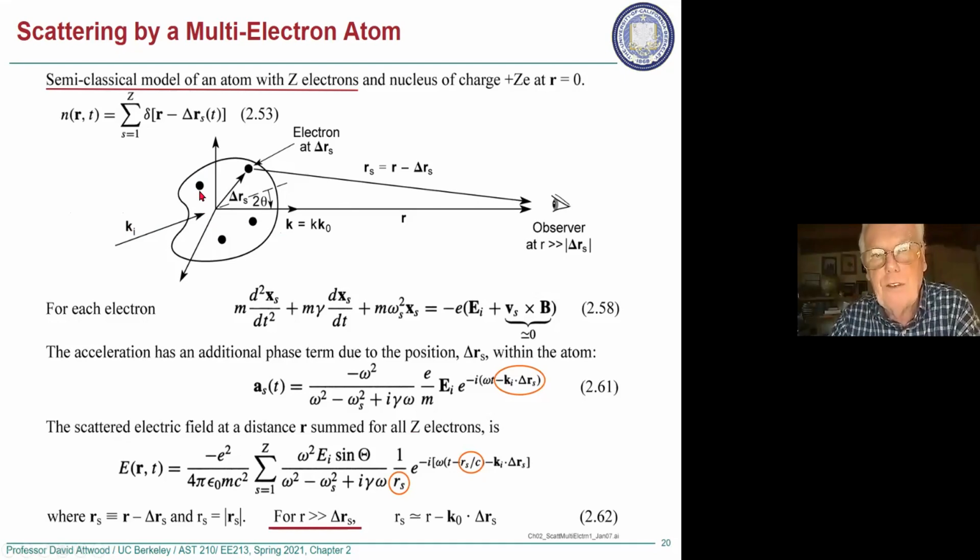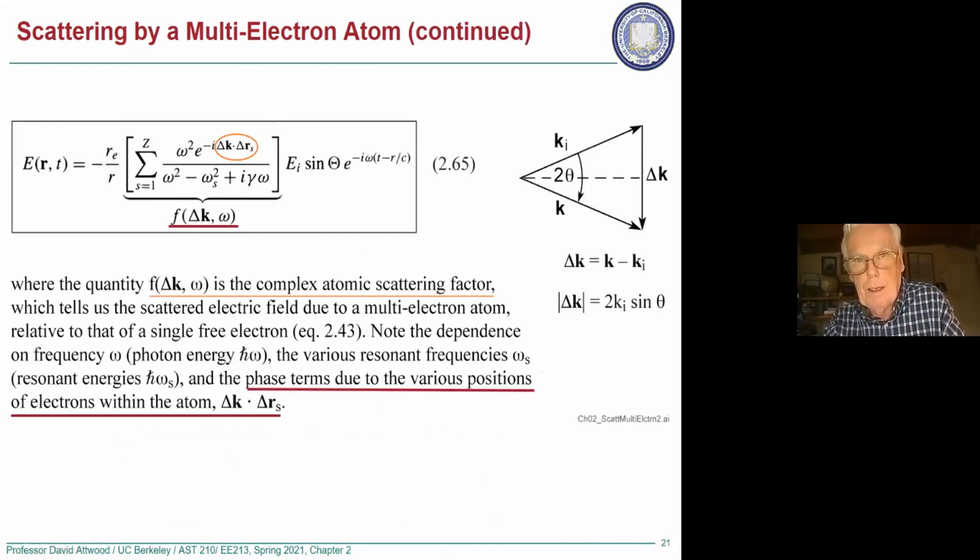But the phase difference going this way in the forward direction is canceled out by the phase difference going ahead. So there's an incident phase difference, and then there's a scattered phase difference. And one cancels the other in the forward direction. And by the way, that is going to make refractive index calculations much simpler.